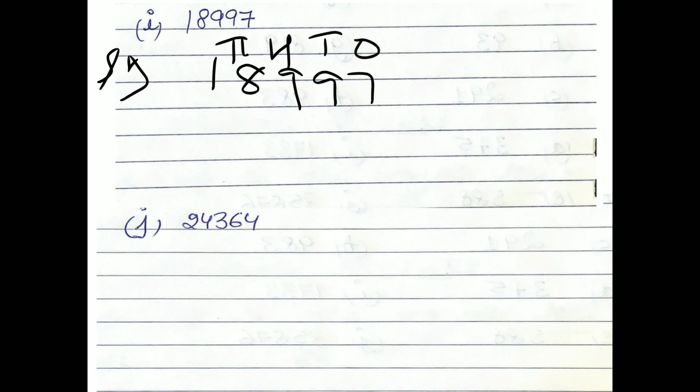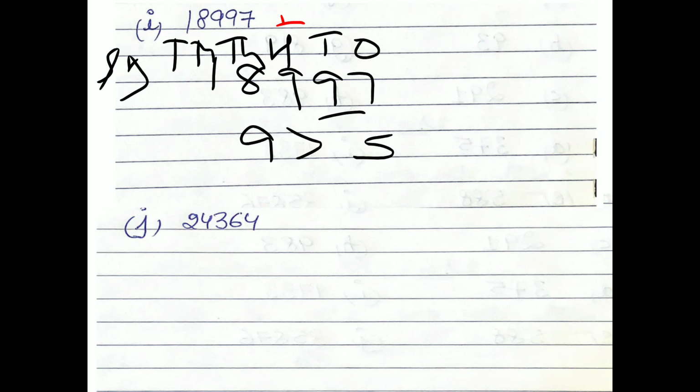Now I part. 1, 8, 9, 9, 7. Above the number write ones, tens, hundreds, thousands, ten thousands. Which place do you have to see? Tens place. Compare with 5. Clear? Is any number greater?